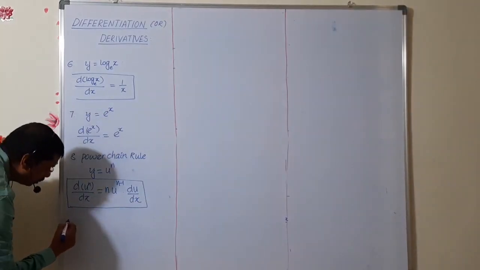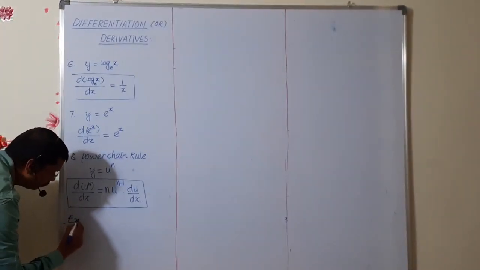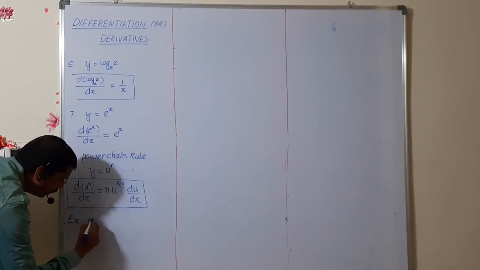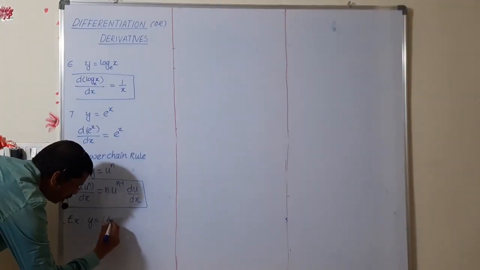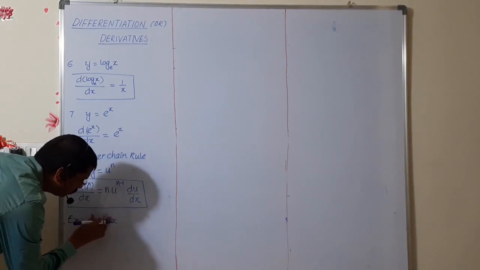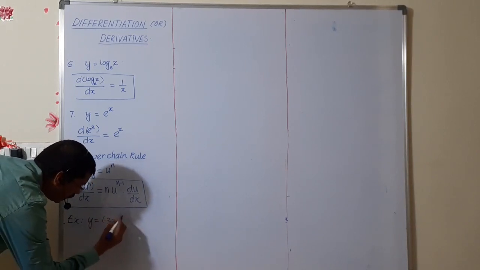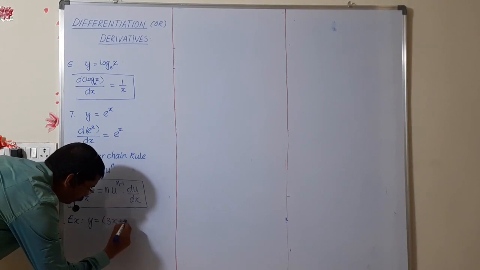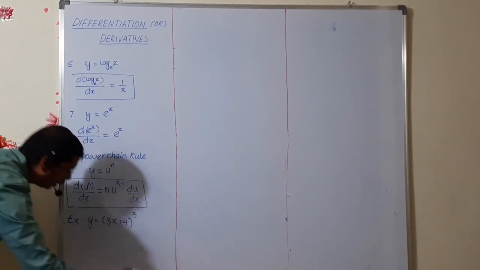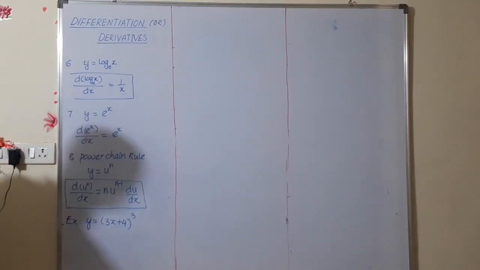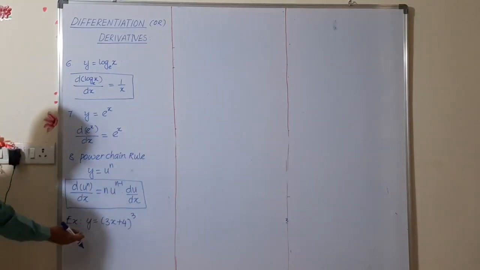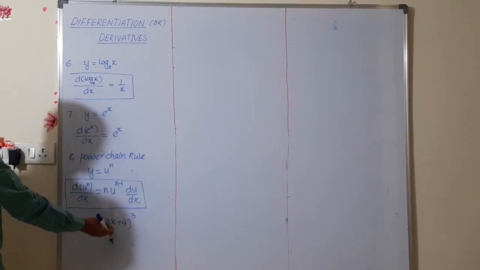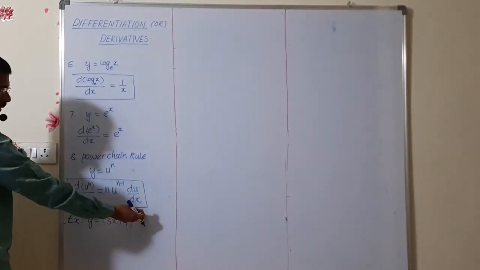Now if you solve one sum, I will give one sum, that is y equals 3x plus 4 to the power 3. This is the term given. We need to find out the power chain. What is the differentiation of 3x plus 4 power 3?